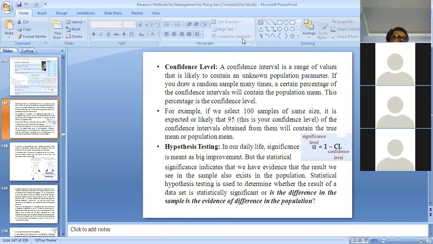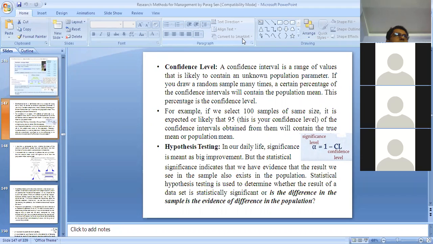Or suppose you want to test whether green marketing enhances financial performance or not. Now if you want to make a survey on India, there are a lot of companies, so you cannot take the data from each and every company.